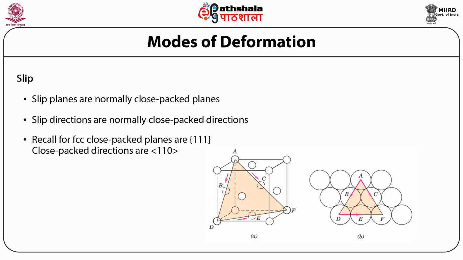In the second part of the figure, the B part, we can see the close packed directions, which are <1, 1, 0> in the triangular brackets. So the first one shows the close packed planes and the second one shows the close packed directions.